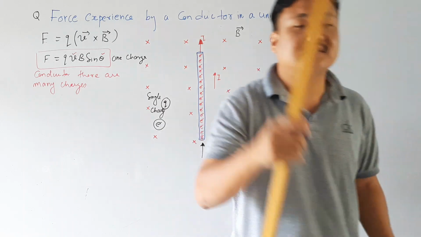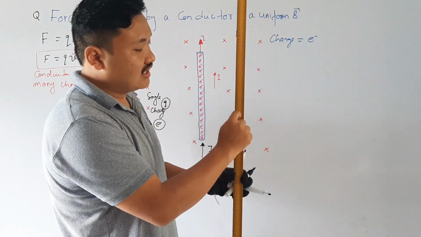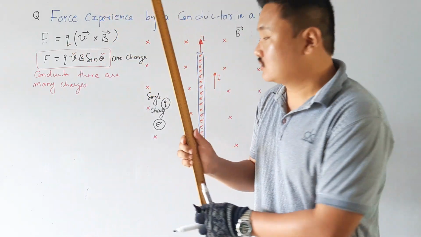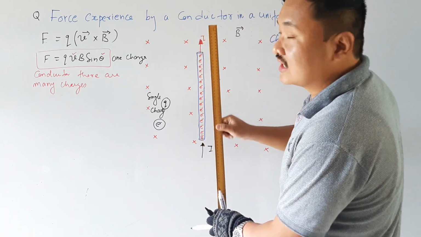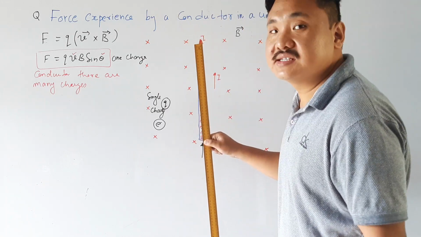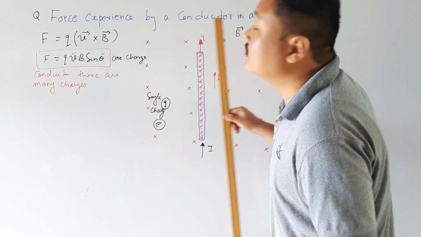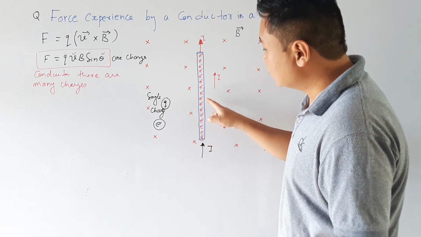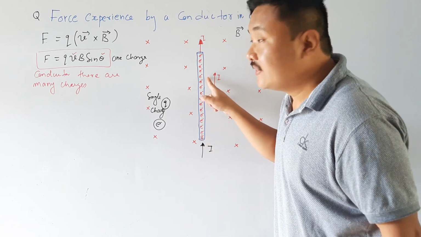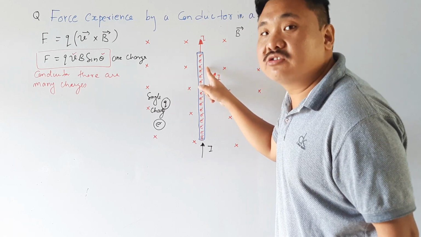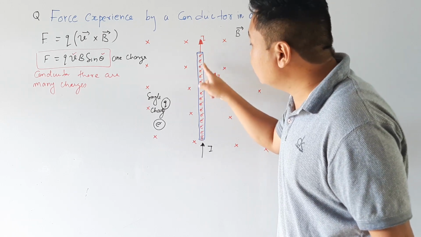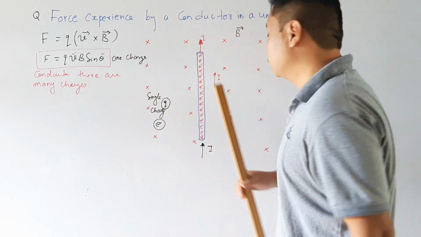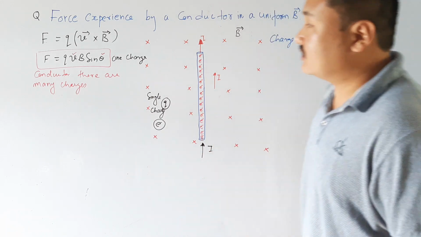For example, if this is my conductor, everywhere there are so many charges, and each and every charge will experience a force, and as a result of that force, the conductor will move. Each electron will try to move, but all the electrons are present in this conductor, so the conductor will experience a force.